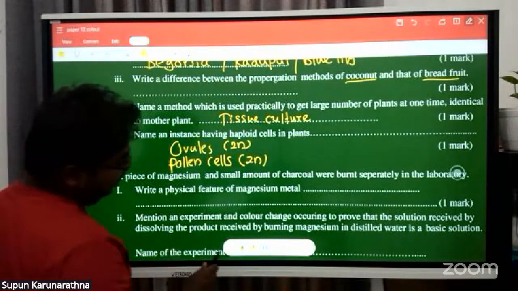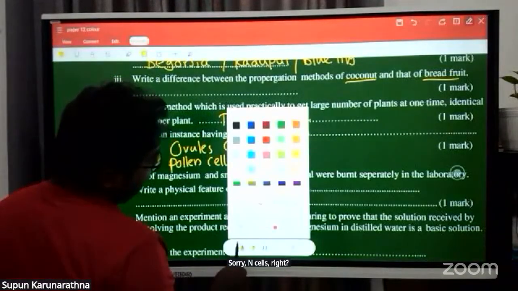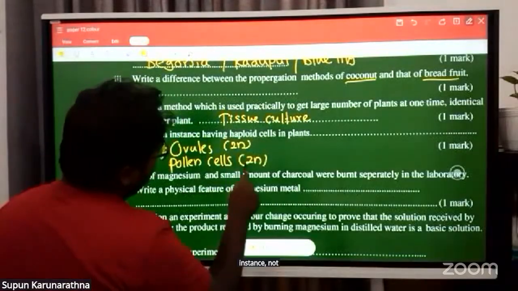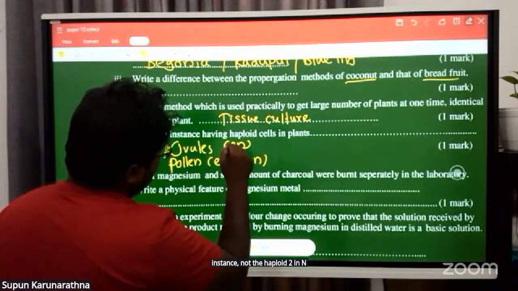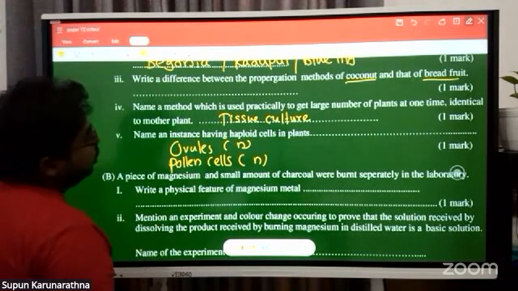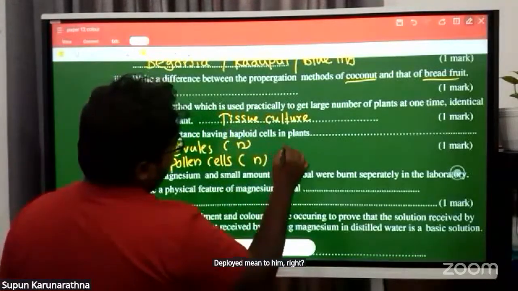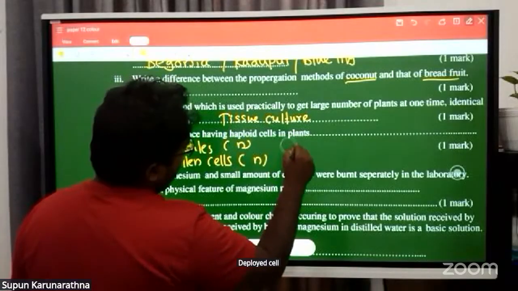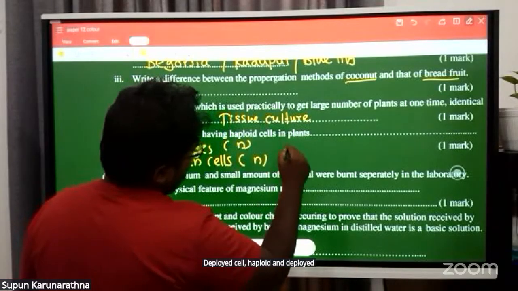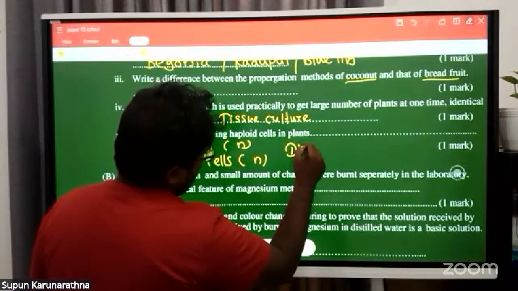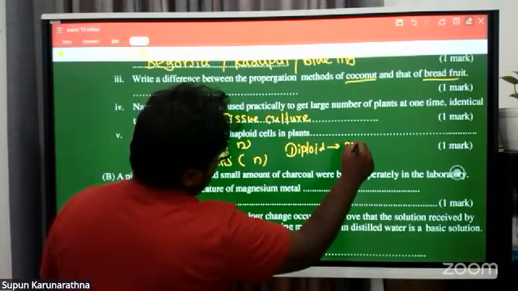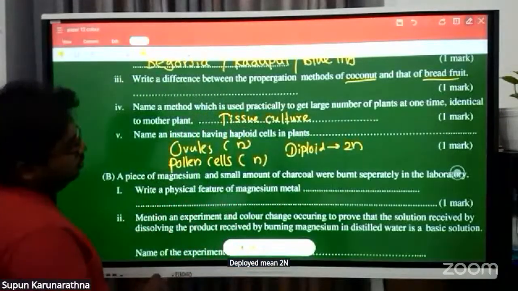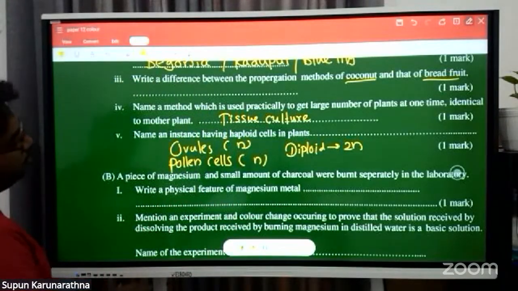N cells, not 2N, N. Diploid means 2N. Haploid and diploid. Diploid means 2N.